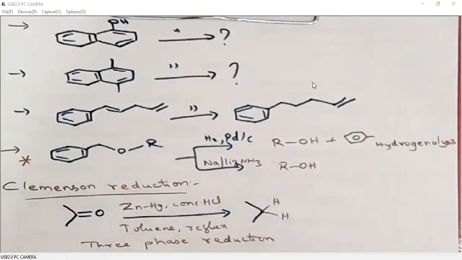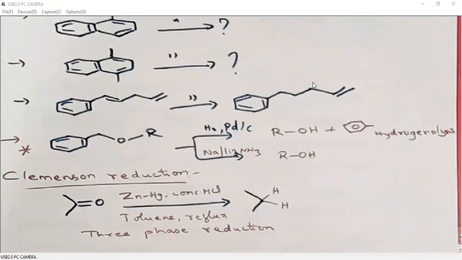So that means the reaction is a three-phase reaction, and also the mechanism is uncertain. That means there is no clear-cut mechanism for Clemmensen reduction, but the most appropriate general mechanism will be given, though nobody knows the exact one.